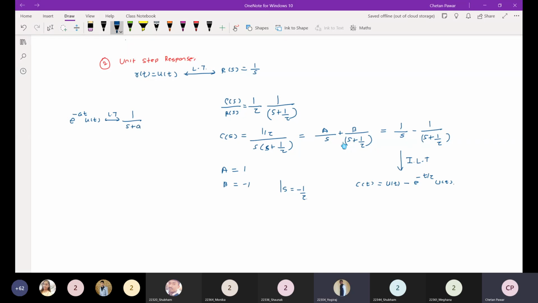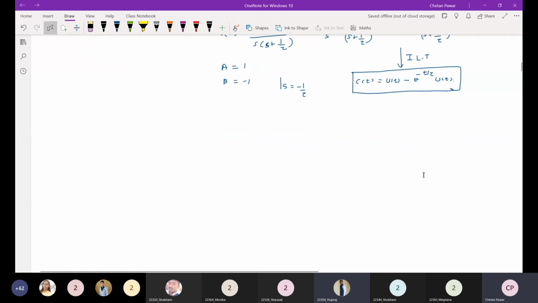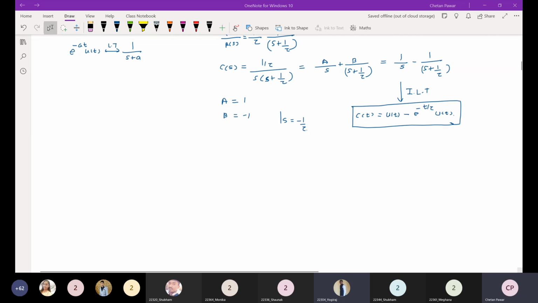So this is that only, no? Okay. So this is the unit step response. So if I draw the graph here, I draw the graph here.